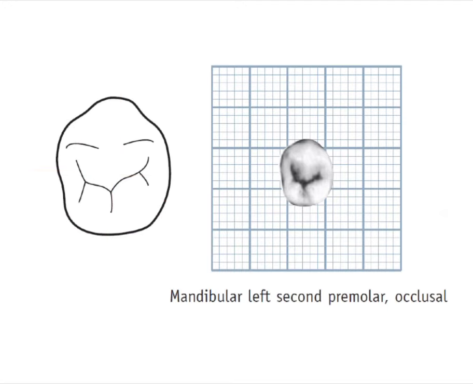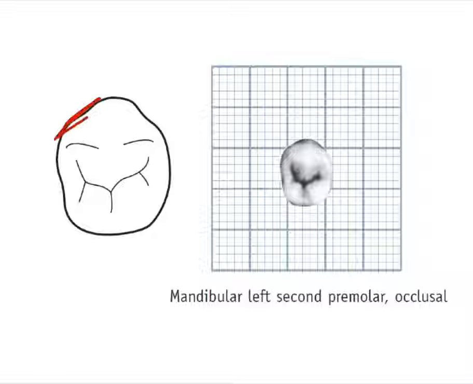What also you should note that the cusp tip tends to go buccal cusp tip more mesially. The mesial slope is shorter than the distal slope.